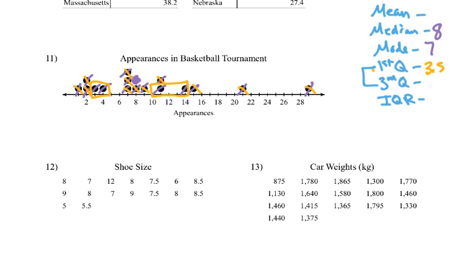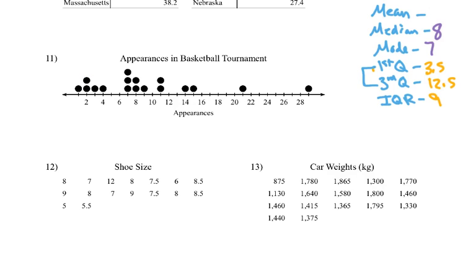Okay, so it'd be between 11 and 14. So that would be 25 divided by 2, which is 12.5. So 12.5 minus 3.5 gives us an interquartile range of 9. Okay, that bigger interquartile range means it's more spread out. Now to find the mean, we're just going to have to add them all up and then divide by how many there are.